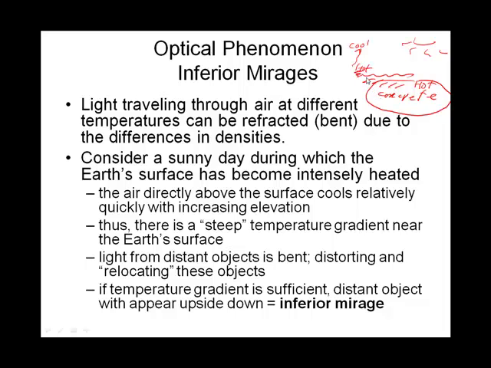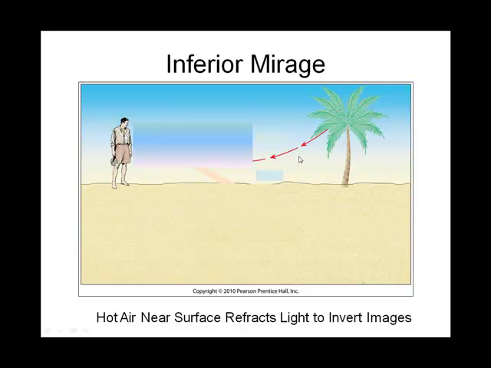So we have what we call a very steep cooling from the very hot surface to just a little bit above. And light will then be bent. Light from objects will be bent, and they appear to actually be down below the horizon when they're really above the horizon.